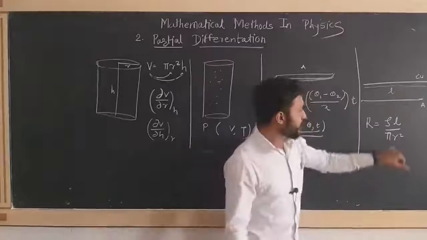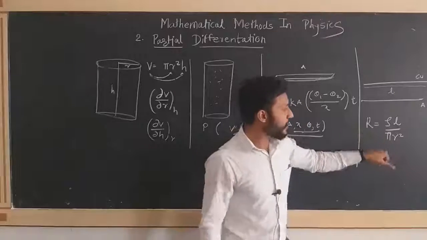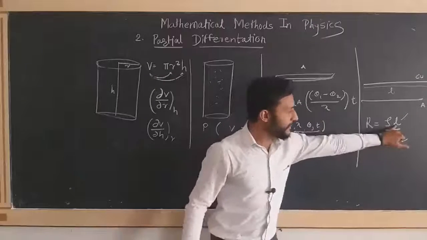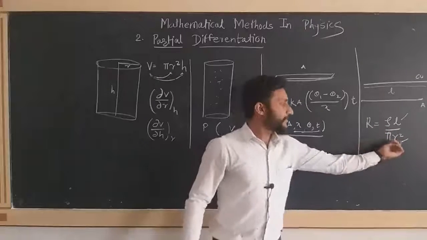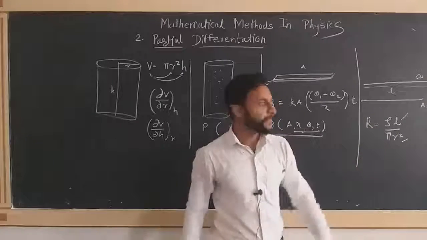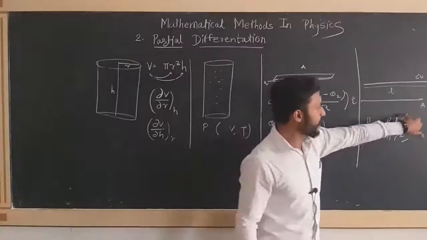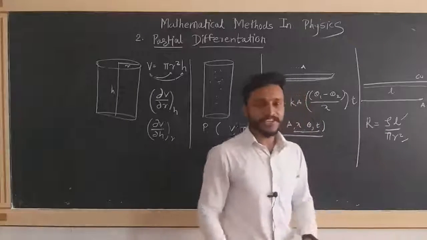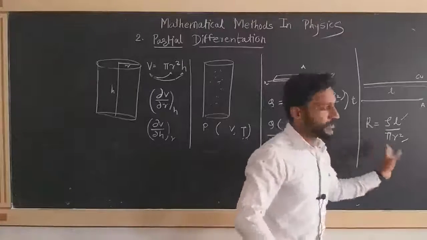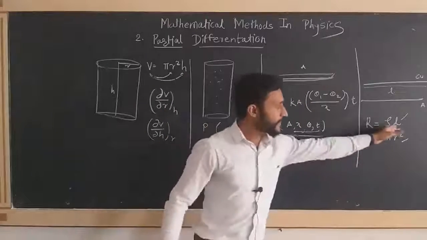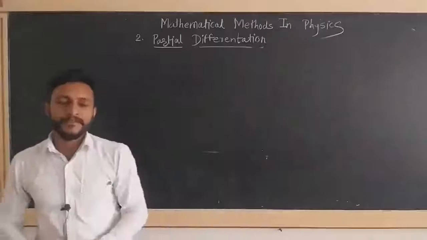So here resistance depends on length and radius. If we increase the length, resistance increases, but if we increase the radius, resistance decreases. So R is a function of L and r, and with the help of partial differentiation we find the rate of change of resistance with respect to both variables.